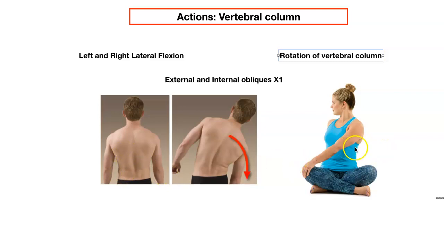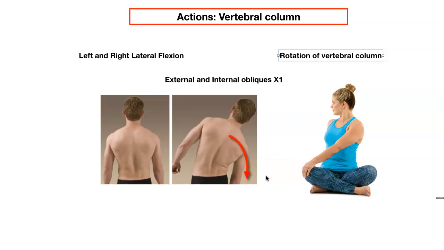They're also going to be giving you this rotation of the vertebral column that you can do. Remember, the rectus abdominis muscle, its origin is way up here, and its insertion is down in the pubic crest down here. So the rectus abdominis muscle is going up and down. It's not giving you this rotational movement.